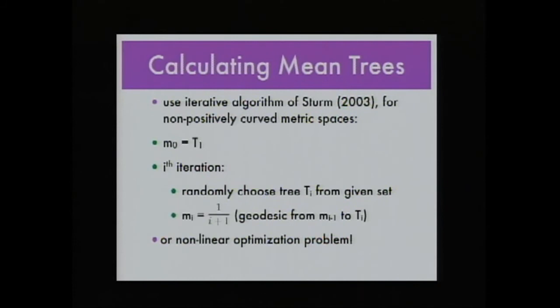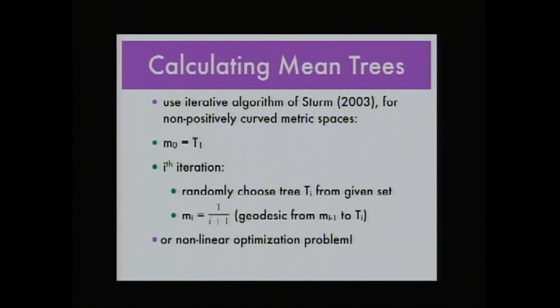Then I pick some other tree from my set of gene trees, and I choose M2 to be the tree 1/3 of the way along that geodesic. Pick a new tree, I'm looking for the tree 1/4 of the way. And so this is an iterative algorithm, and it converges to the mean tree.